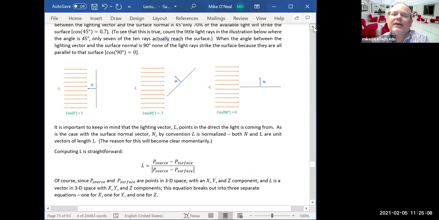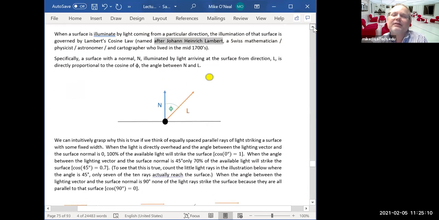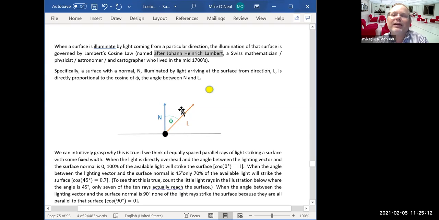But as Eric was asking me after class last time, because that was bothering him, in reality, if this light source is not at infinity, and what is at infinity, right? If this light source is relatively close to the surface, what you would need to do is for every point on the surface, compute a lighting vector. So here's a surface.